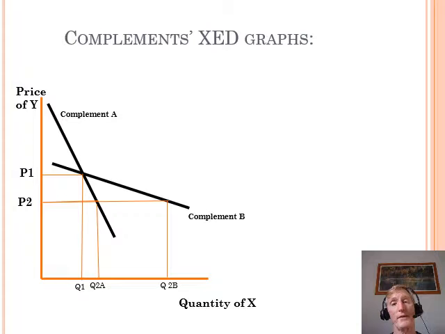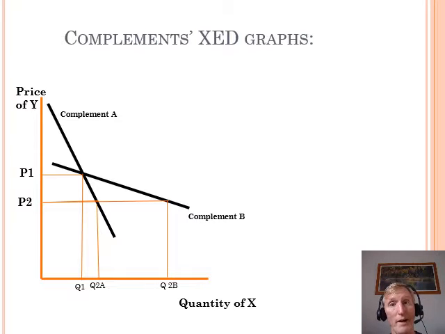Certainly one thinks of printers and printer ink, so that if the price of printers goes down, and quite often that's been happening over the past 10 or 15 years, the price of printers, which is the product Y, is going down from P1 to P2, and complement B is the printer ink.